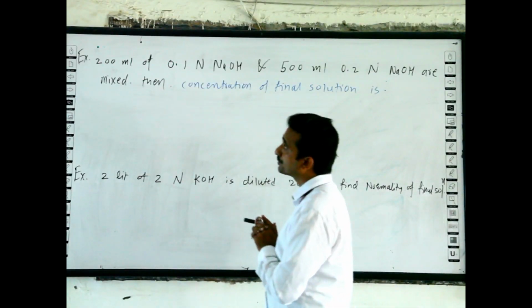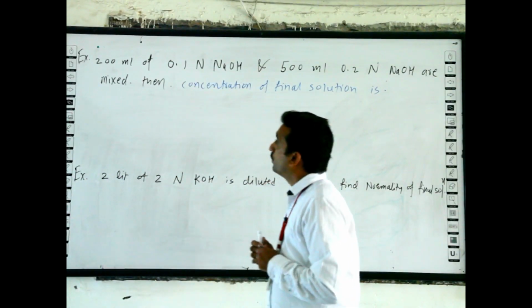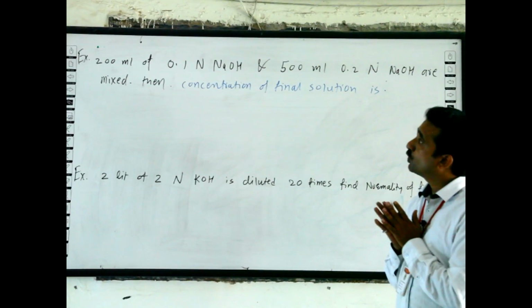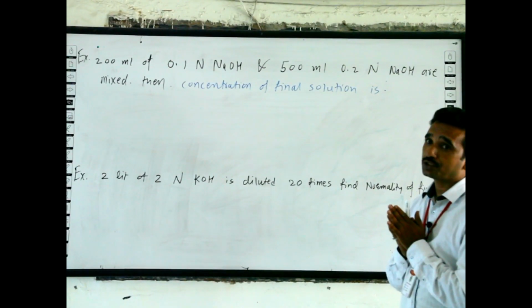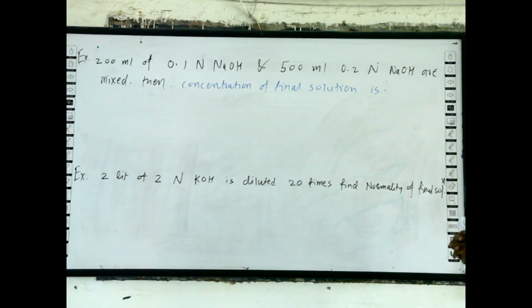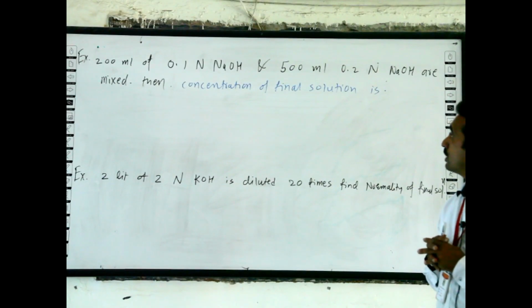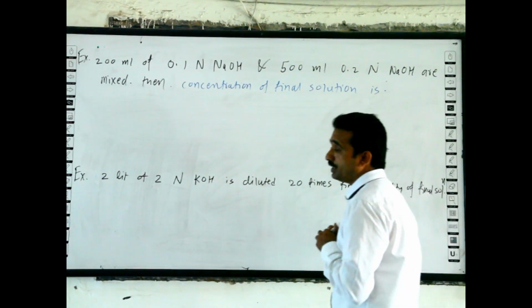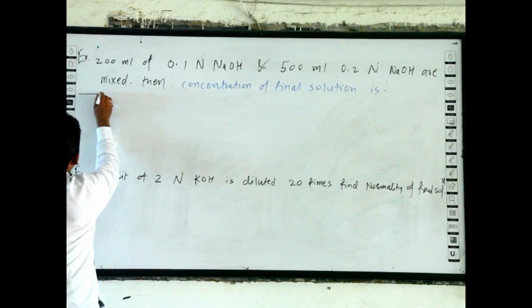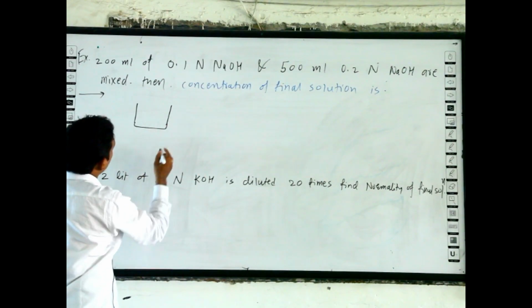Here are two numericals. First one: 200 ml of 0.1 normal NaOH and 500 ml of 0.2 normal NaOH are mixed. Then the concentration of the final solution is? First we will explain the problem.